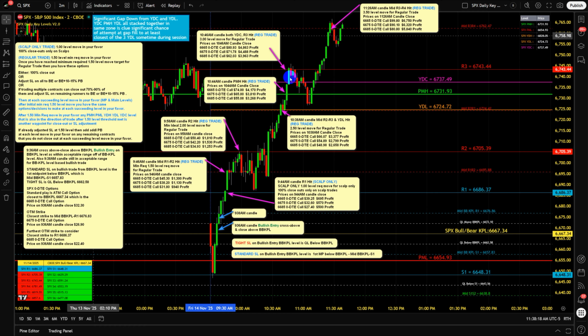And as you can see in the very next candle, it hits the YDC, yesterday's daily close, slices through that, and also hits R3 in the same candle. So now that is a 3-level move on a regular trade. So here's the level we took the bullish trade from: 1 level, 1.5 levels, 2 levels, 2.5 levels, now 3 levels.